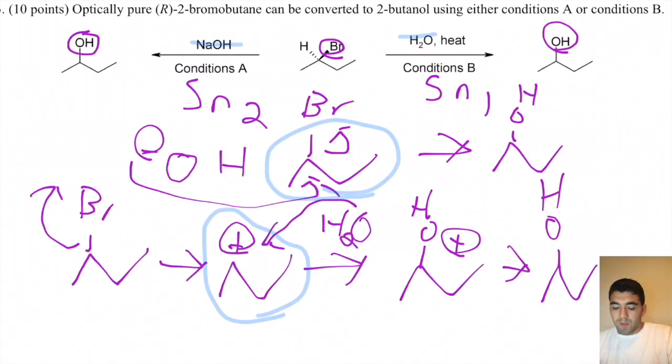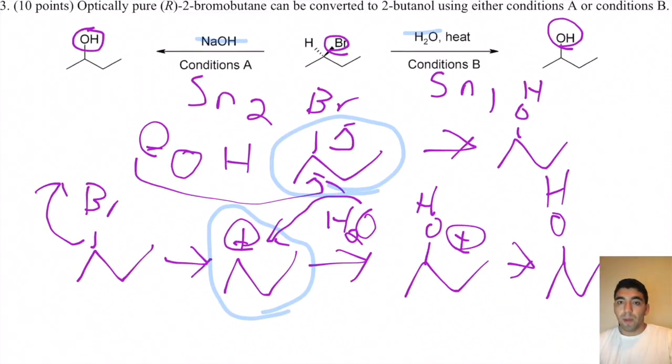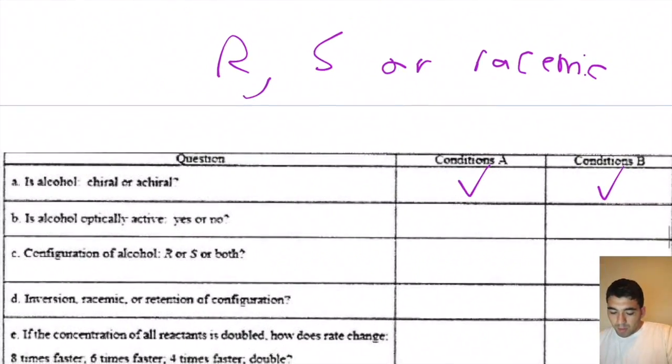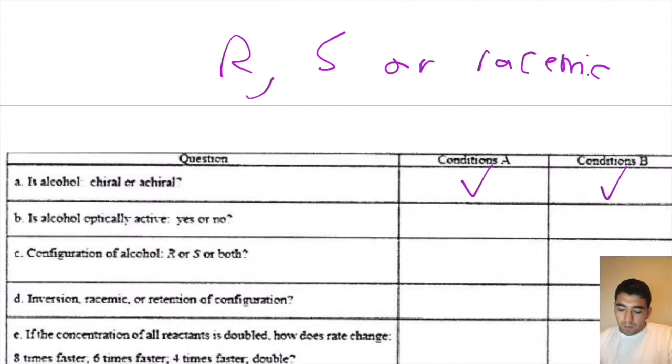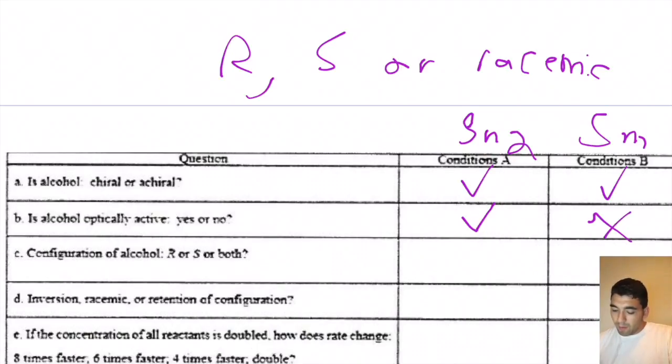So at first it was R, so it's going to end up being S, but we know it's going to only be S because it can only work by that mechanism. So is it optically active? In the SN2 case, we know that yes, it's going to be optically active. Here in SN1, we're going to end up with racemic. So let me put an X there, because it can't decide whether it's R or S. It's going to give you a mix of both.